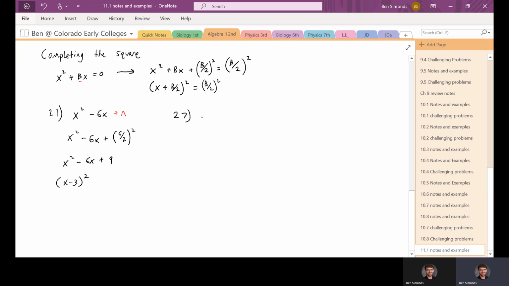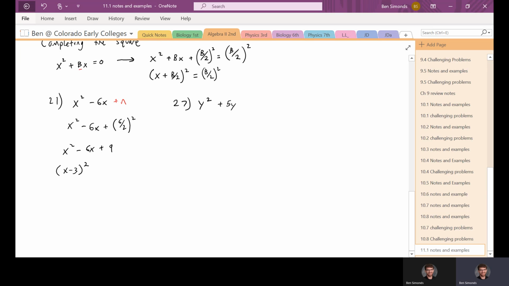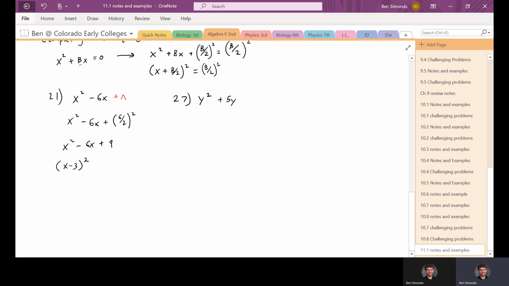Let's look at 27. Another good example, and we'll make sure that I do it well enough that I feel okay about it. So y squared plus 5y, and we need to complete the square. 5 divided by 2 is, well, just a fraction, 5 divided by 2.